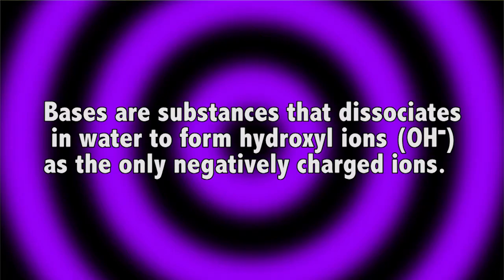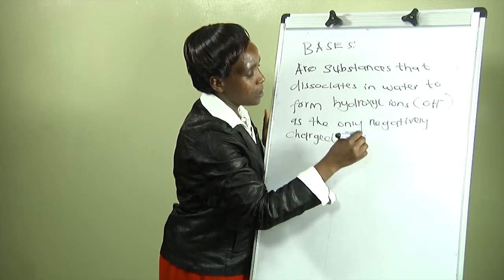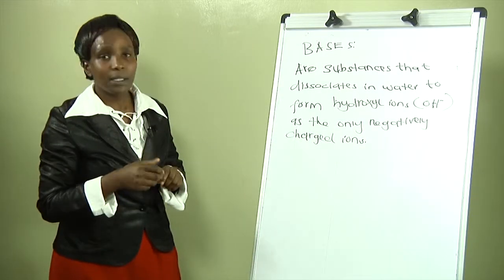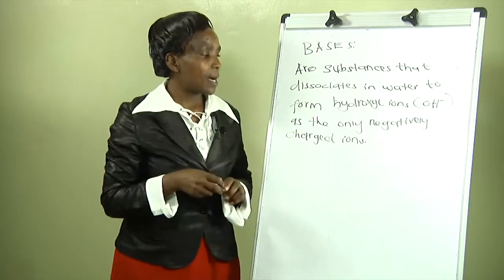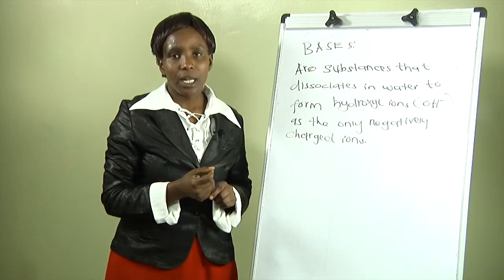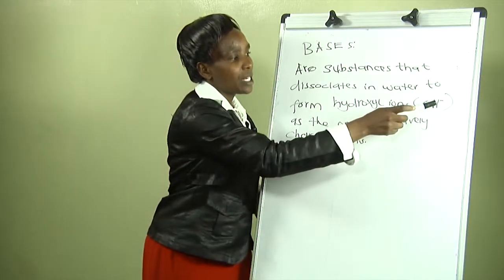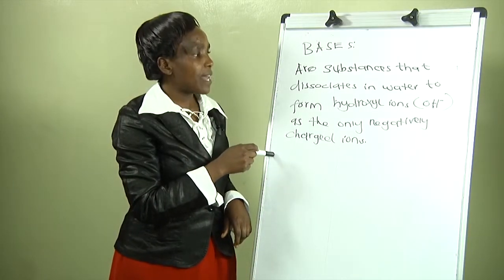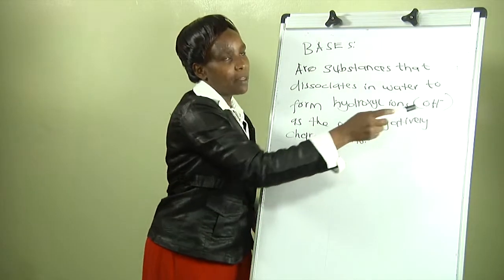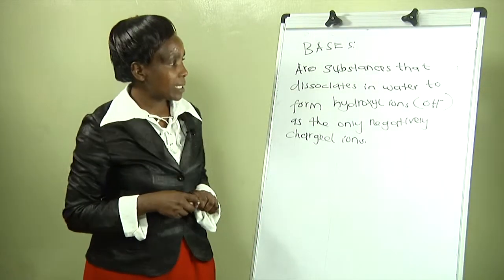So with acids we get hydrogen ions as the only positive ions, but a base is identified by giving us OH ions, which show that the substance is a base.